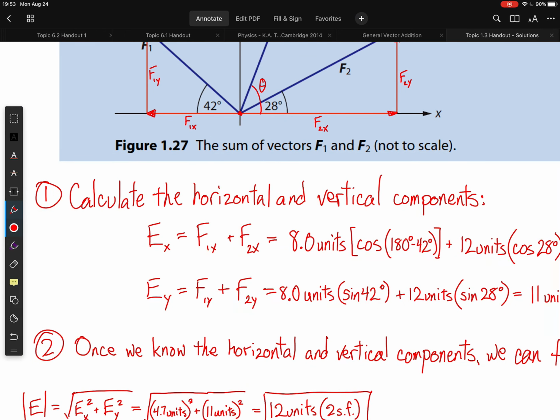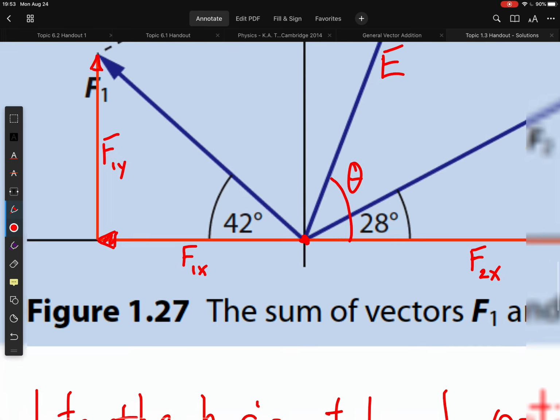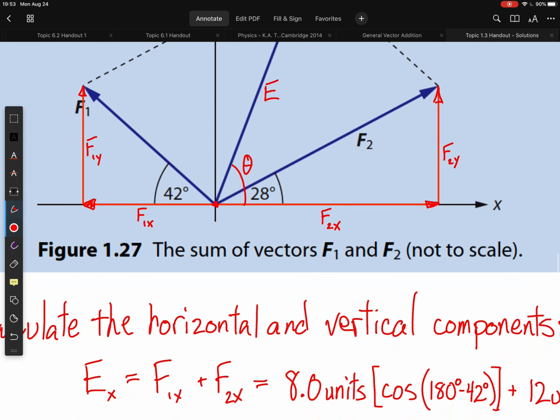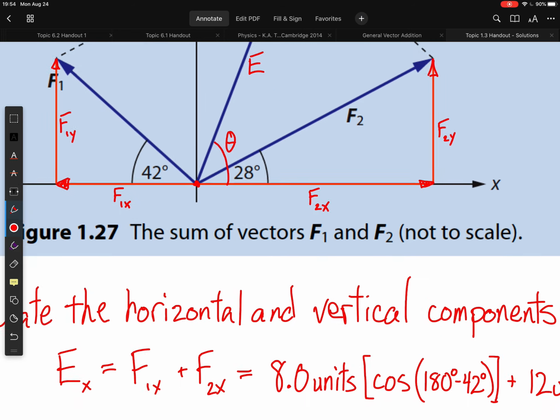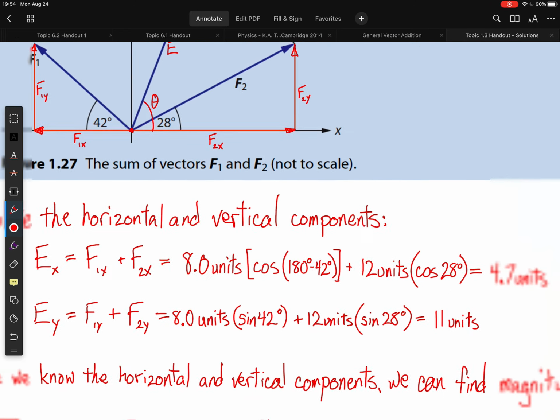As you can see, we have a little bit of a problem here, in that this 42 degrees is not measured against the horizontal axis pointed to the right. Okay, so to find the actual angle we need for our cosine and sine function there, we need to subtract 42 degrees from 180, which is what I've done here.